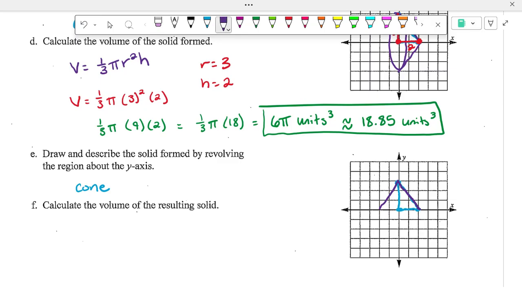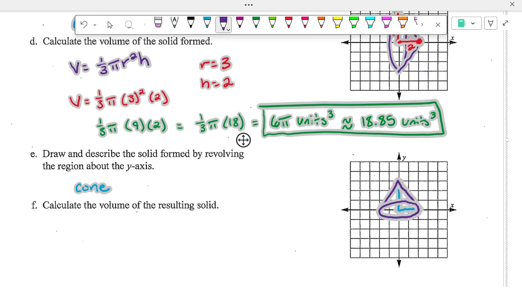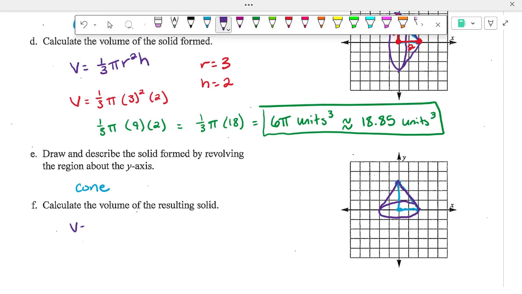Actually, that's better. Okay. All right, so there's my cone. I'm going to still calculate the volume of this cone. So the volume, it's still 1/3 pi r squared h.